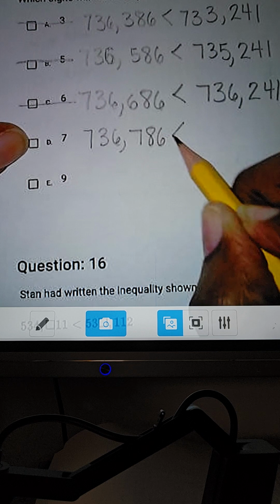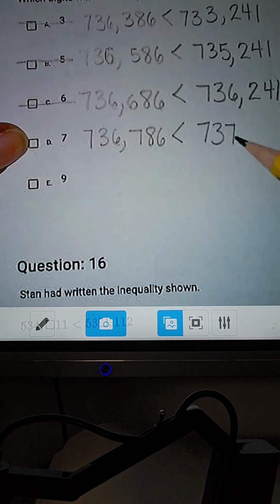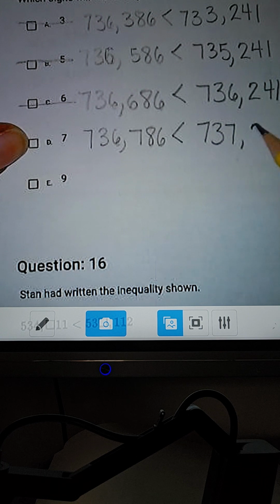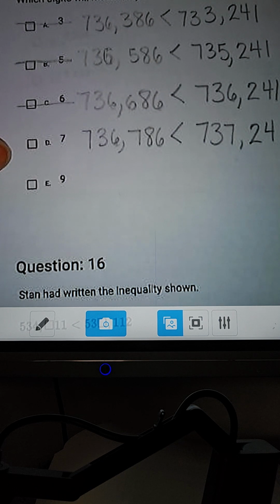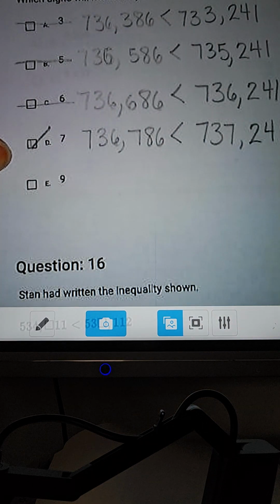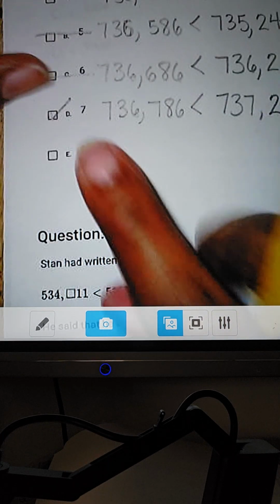All right, the next one, part D. 736,786 is less than 737,241. Correct or not? I heard someone say not. Which one is it? It is correct. Okay, so be careful with this one because some people will say, oh, we're done.